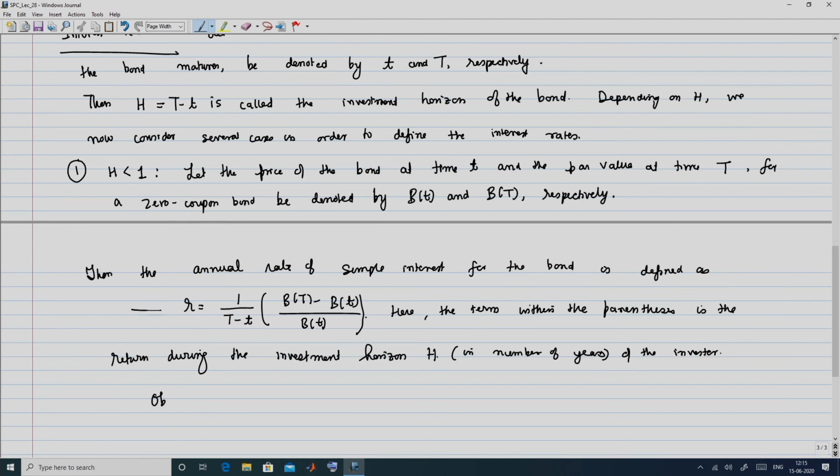And observe that from this relation, B of capital T is equal to B of little t into (1 plus R into (capital T minus small t)).